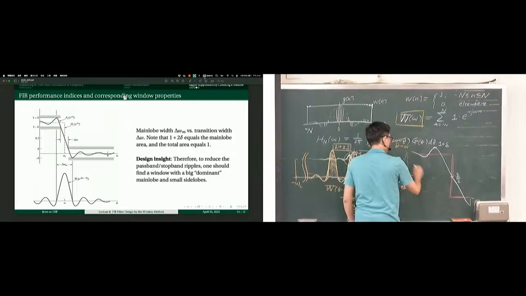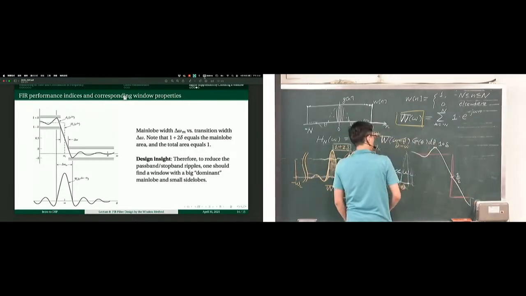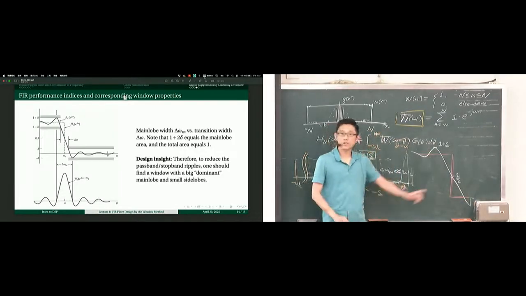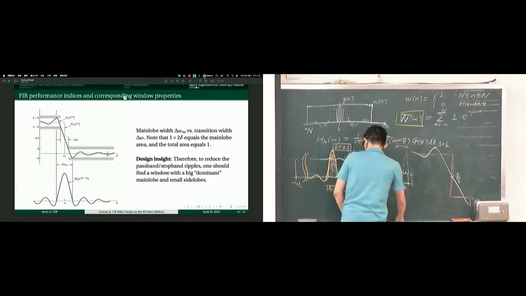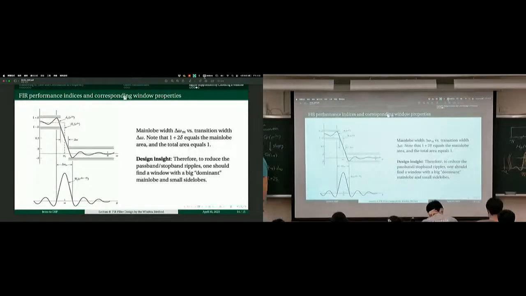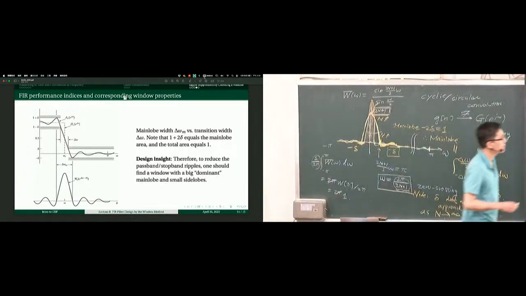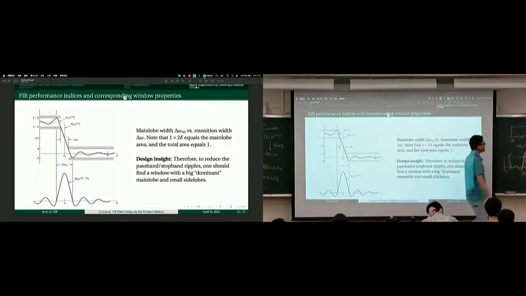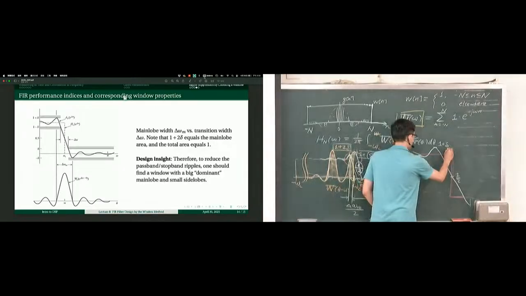And as n increases near the edge, let me use another color, we should still get a peak, just closer, still the same peak of 1 plus delta.